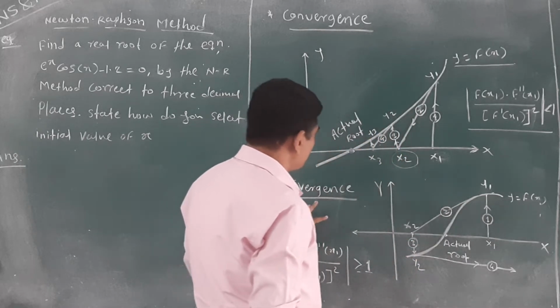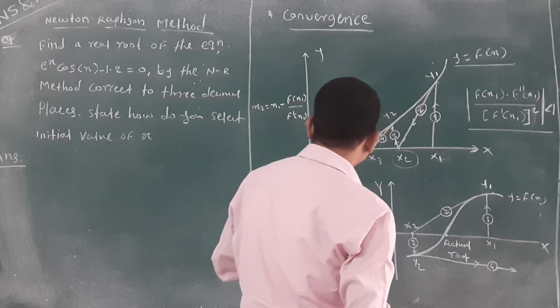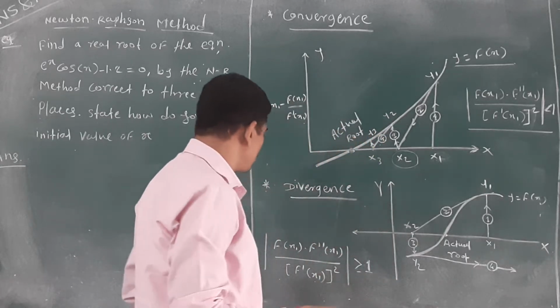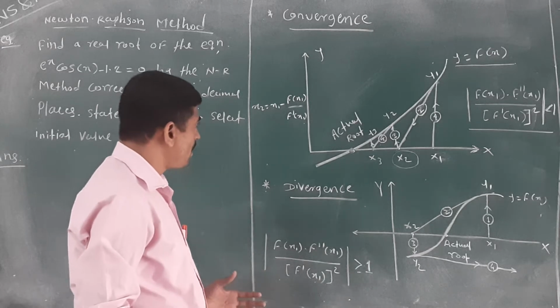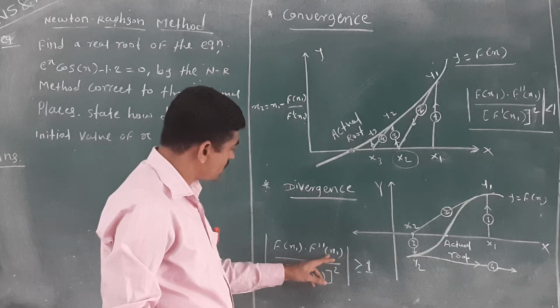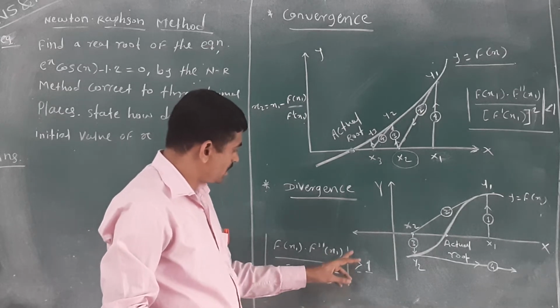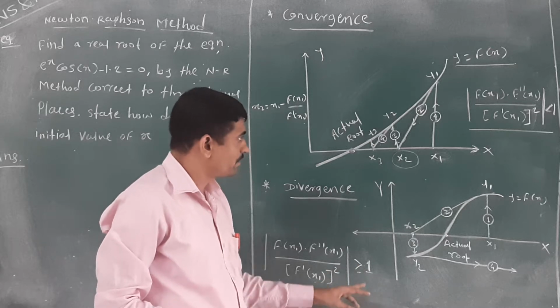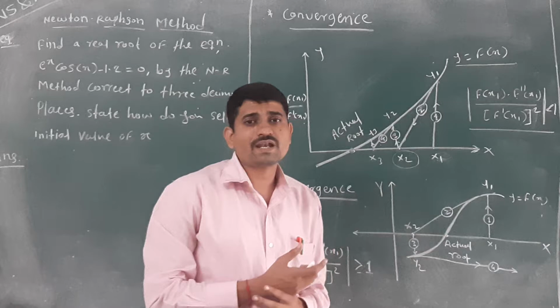That's why this occurs in the divergence case. Then how to find the initial guess value? You have to check that f of x1 into f double dash of x1 divided by f dash of x1 square is greater than 1. Here it is less than 1 and here it is greater than 1.